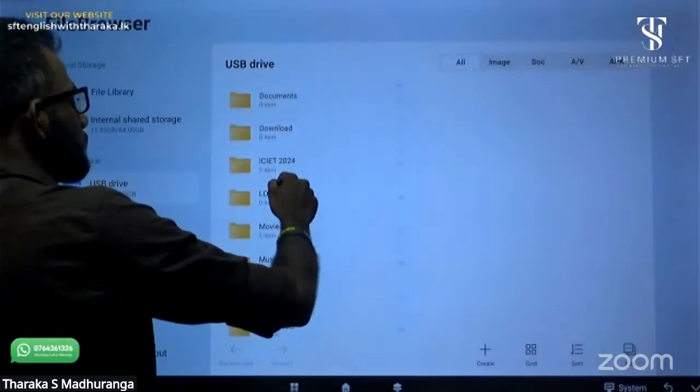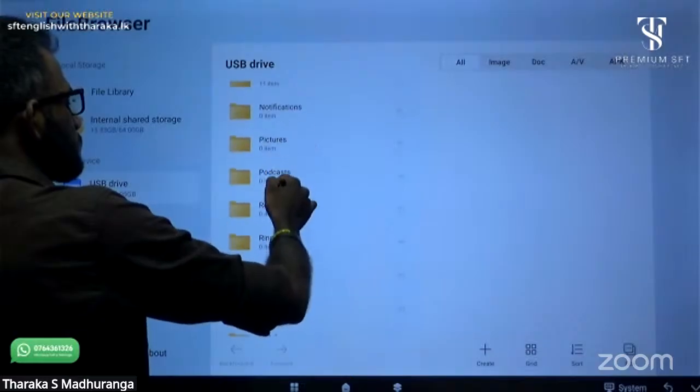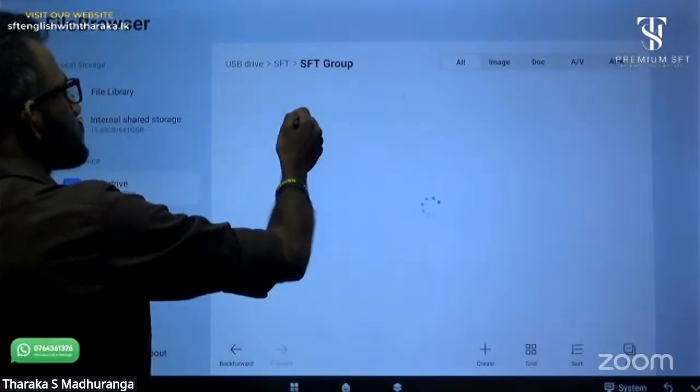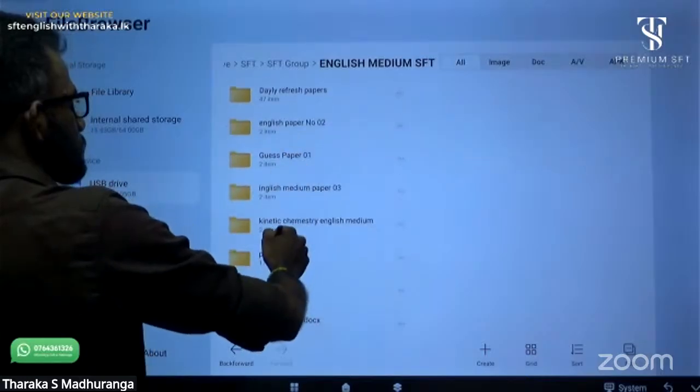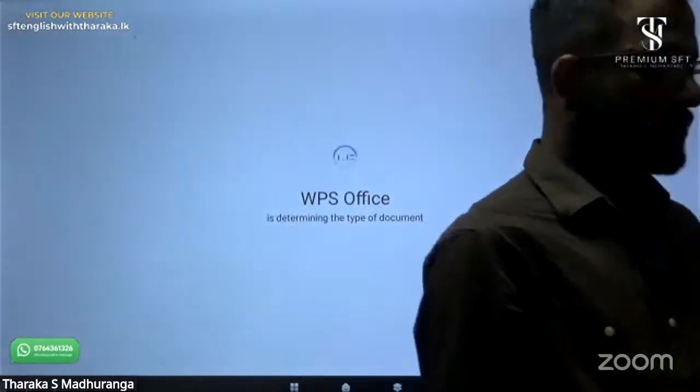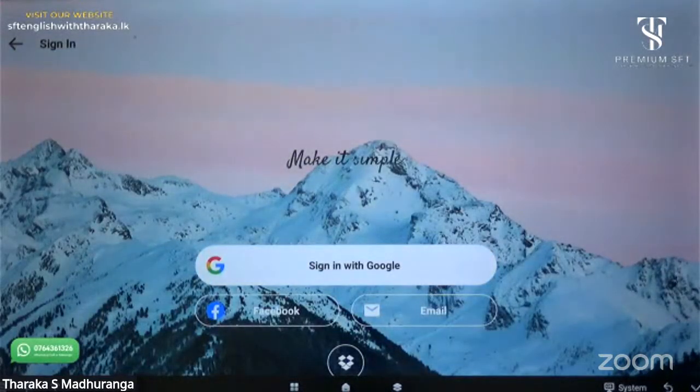You don't need mark schemes printed, but past papers you have to get printouts.